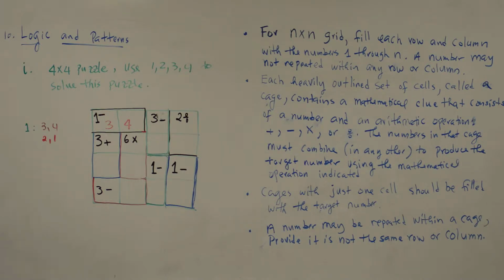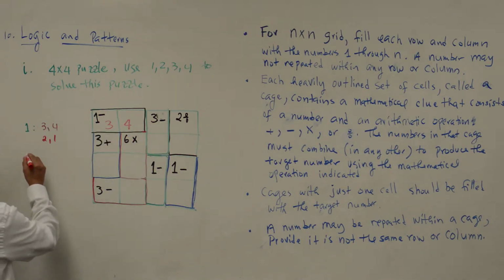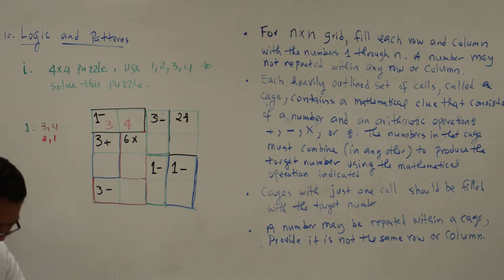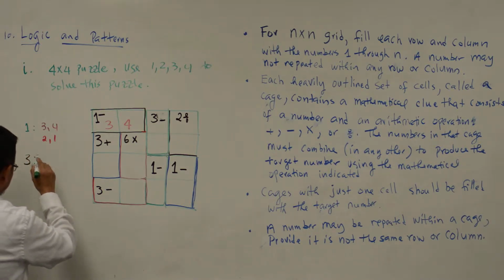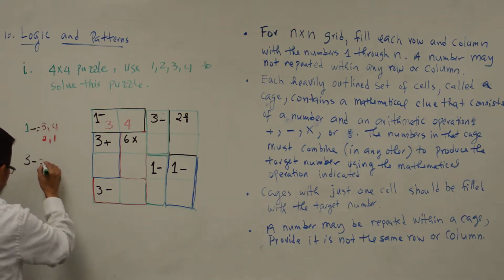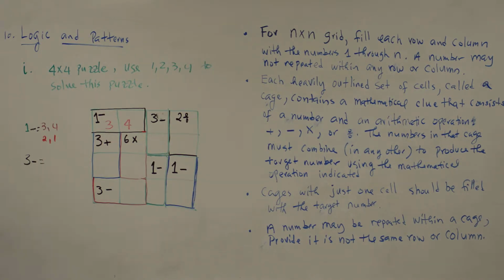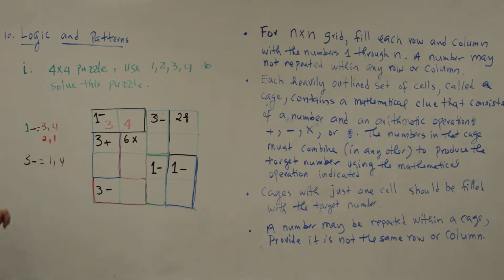For the next one, minus 3, I have to pick what numbers give a difference of 3. The operation is minus also, so 3 can be 1 and 4. 4 minus 1 is 3.